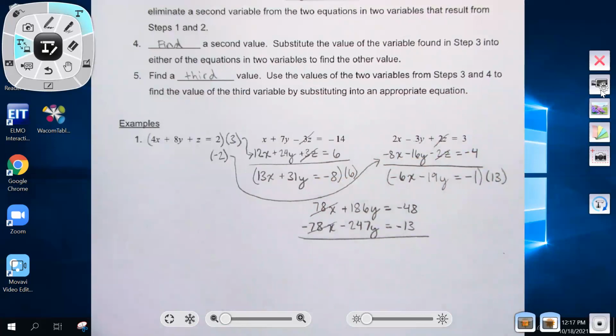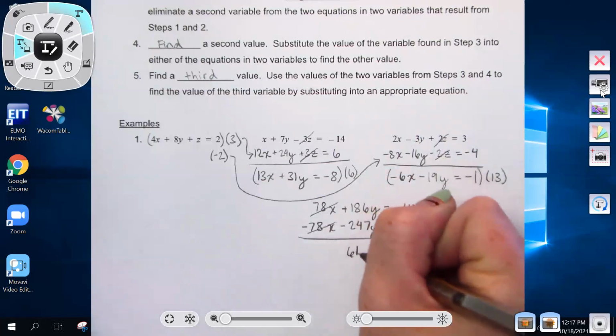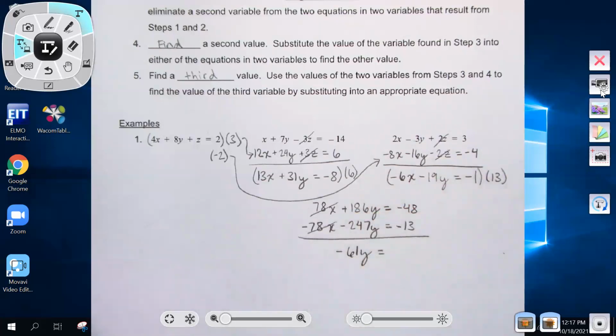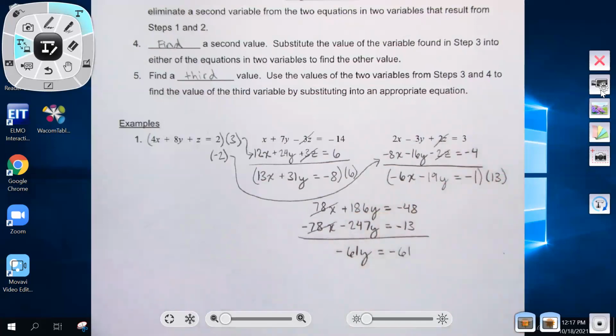And we've got 186 plus -247. That should be -61, sorry, -61. -48 plus -13 is also -61.